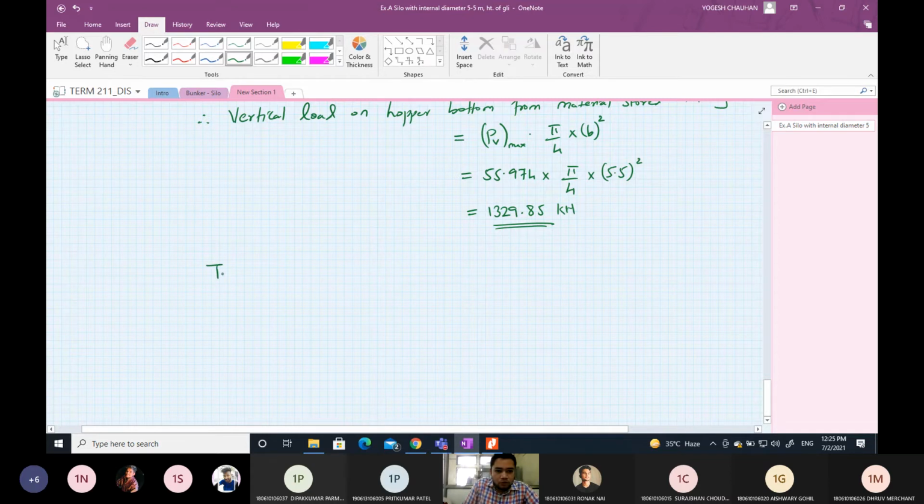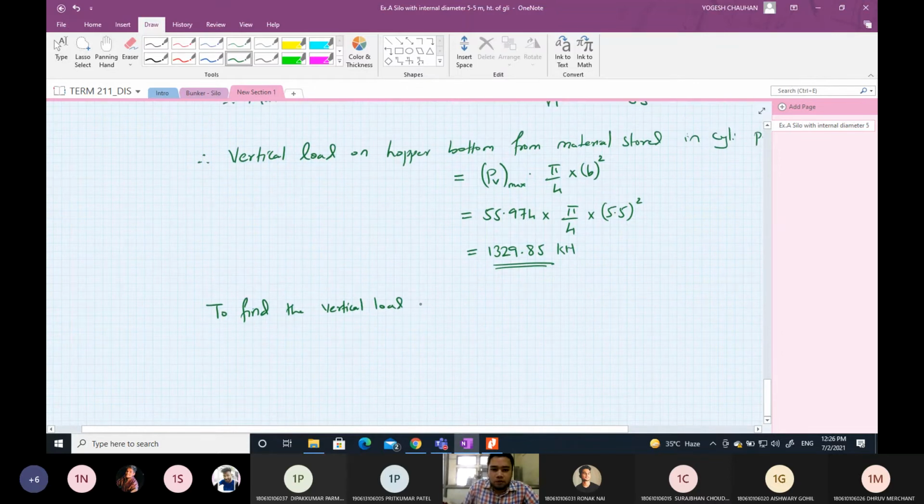To find the weight of the material, or the vertical load from the material stored inside the bottom hopper, we need the volume first.